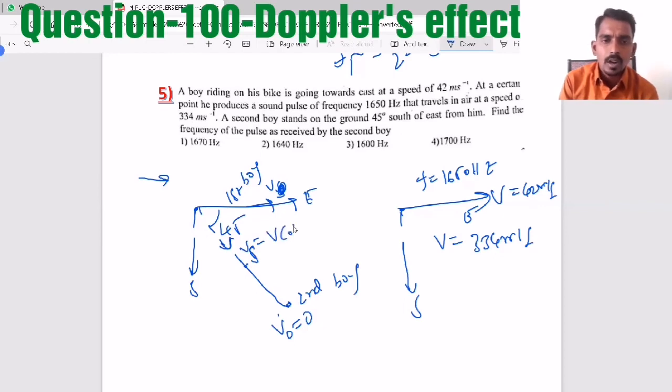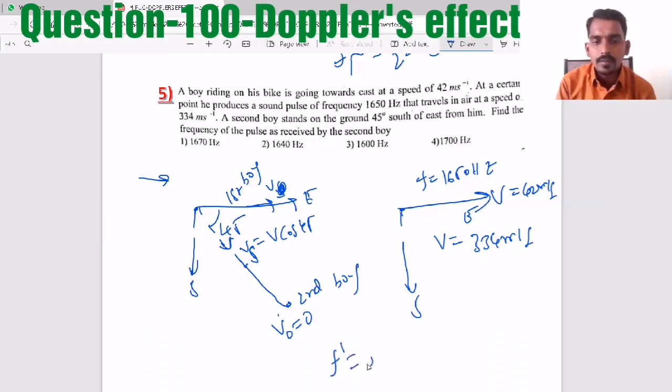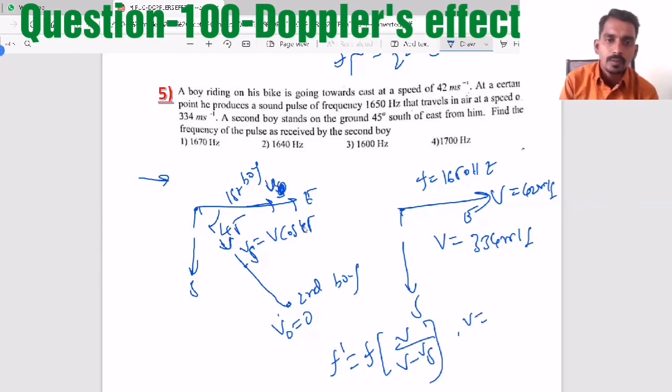So Vs will become U cos 45, because we have to take the component along the line joining them. It is the case of a source moving towards a stationary observer, so F dash equals F into V by (V minus Vs), where Vs is U cos 45. Better to take U for the boy's speed, because V means the speed of sound.